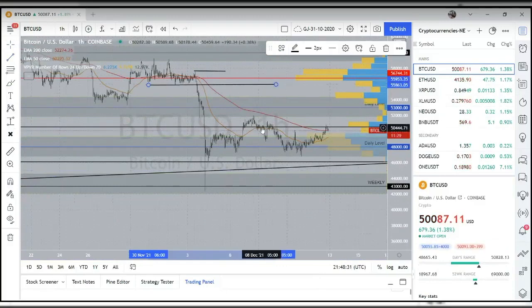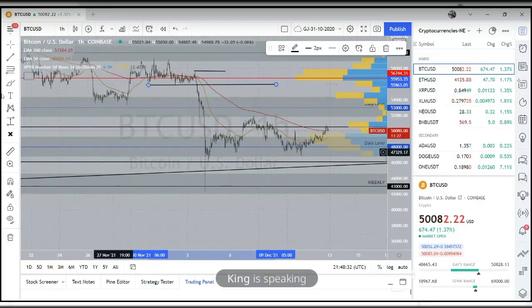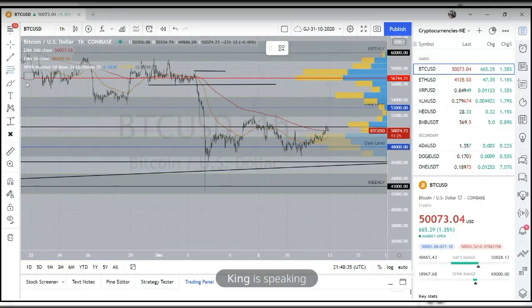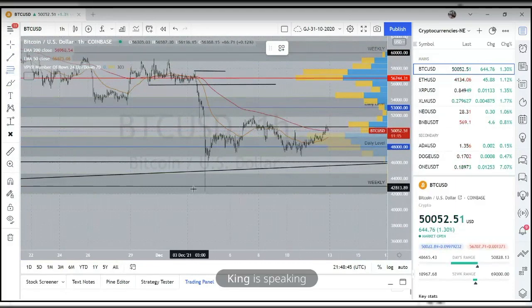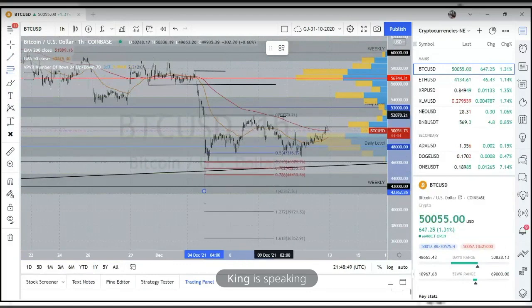The last thing I'm going to look at on Bitcoin, what do I want to look at? I don't know if I want to take price from this. Let's look at this and then I'll look at the actual thing.